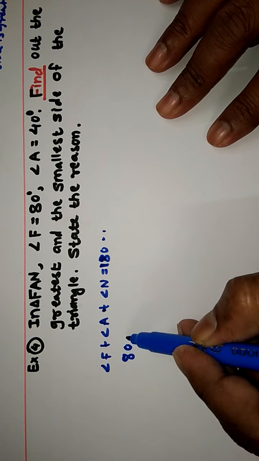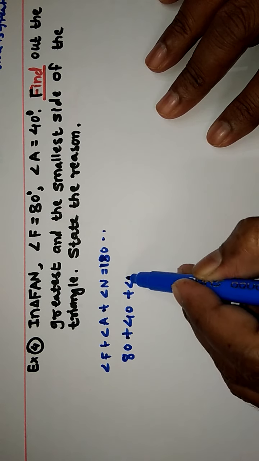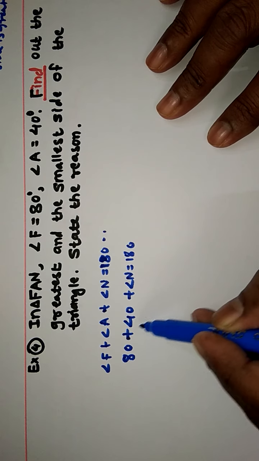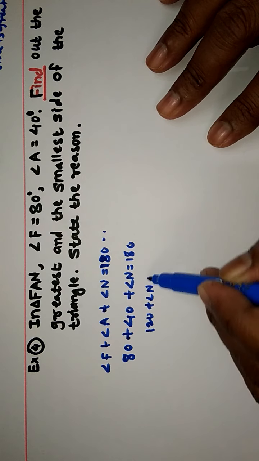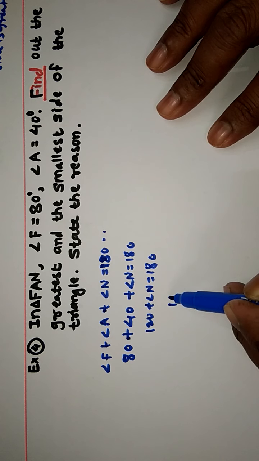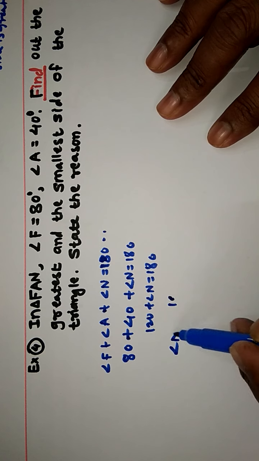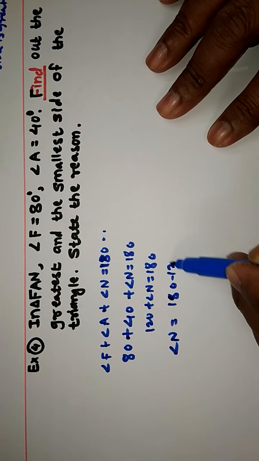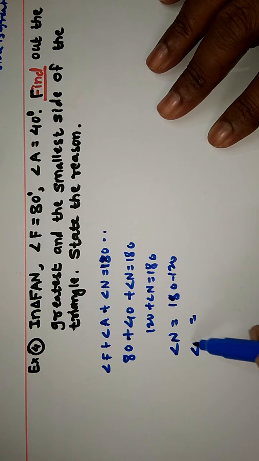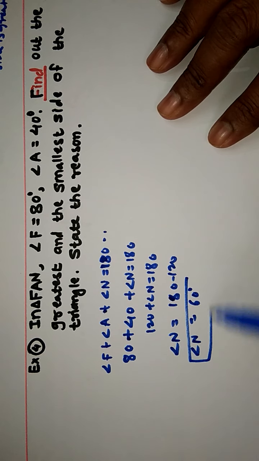Angle F is 80, A is 40, plus N is equal to 180. Means 120 plus angle N is equal to 180, means angle N is equal to 180 minus 120, means angle N has measure 60 degree.